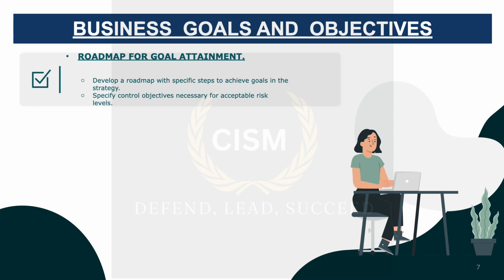Friends, this roadmap for goal attainment states that to attain the goal outlined in the strategy, develop a roadmap that delineates the specific steps and the milestones. Right? Friends, this roadmap should provide a structured plan for the implementation of control objectives aimed at maintaining an acceptable risk level.